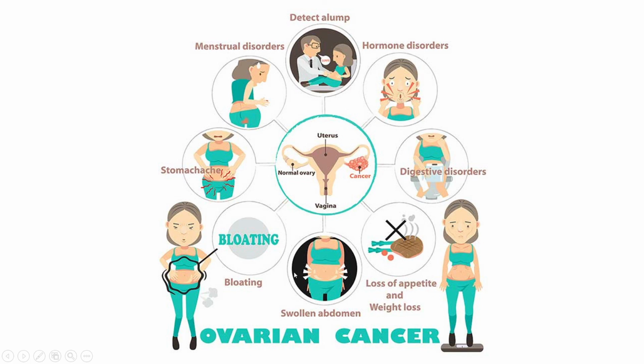This is the swollen abdomen and bloating, stomach aches occur, disturbance in the menstrual cycle and hormonal disorders as well. You can appreciate mood swings in the patient. The patients come with the complaint of stomach bloating, loss of appetite and weight loss, and digestive disorders like constipation and other things.